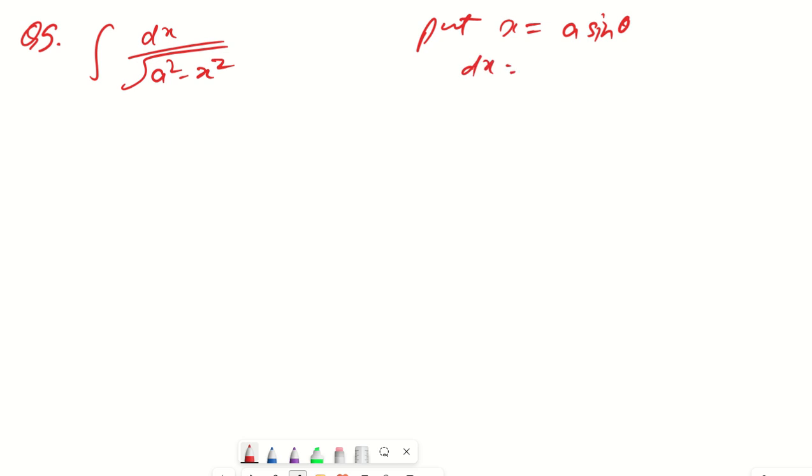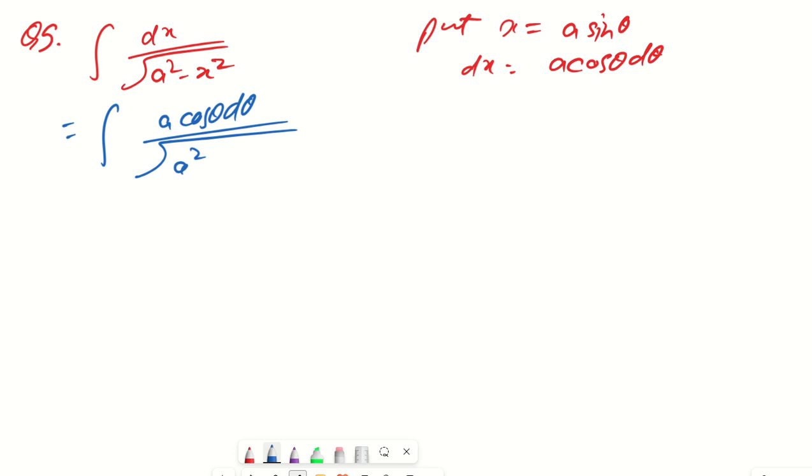My dx will become a cos theta d theta. So can we do that? My integration now is integration of dx, which is a cos theta d theta divided by square root of a square minus a square sin square theta.